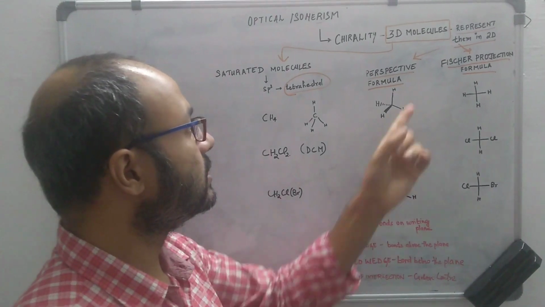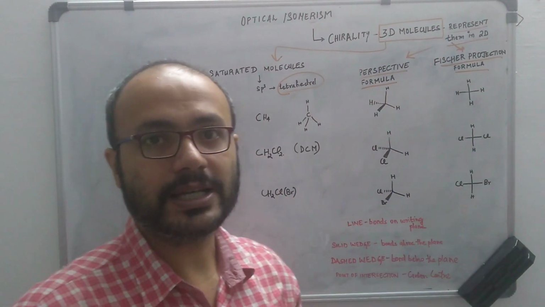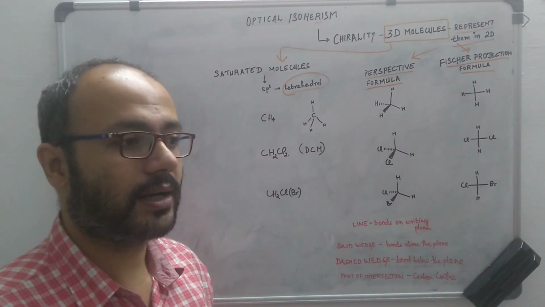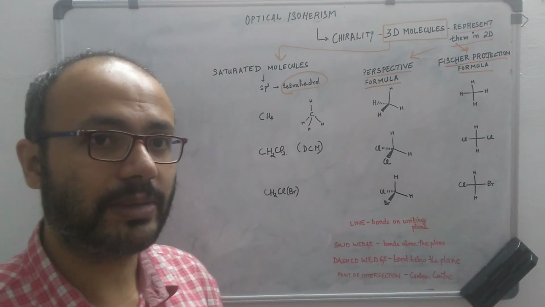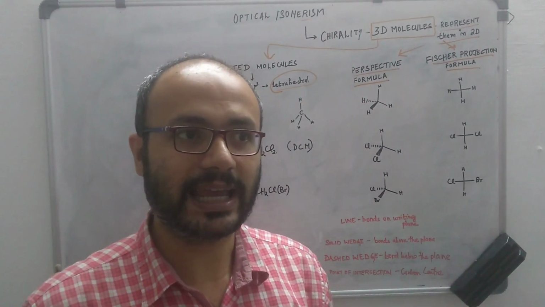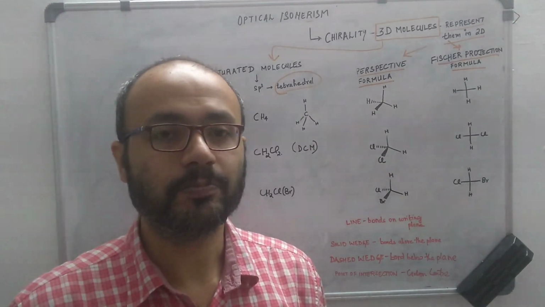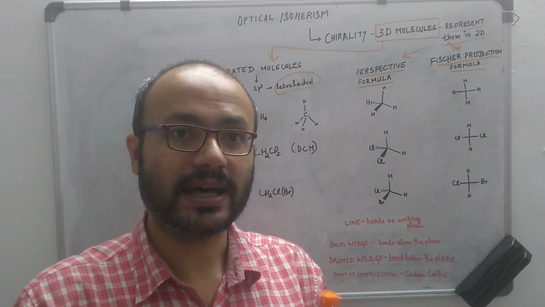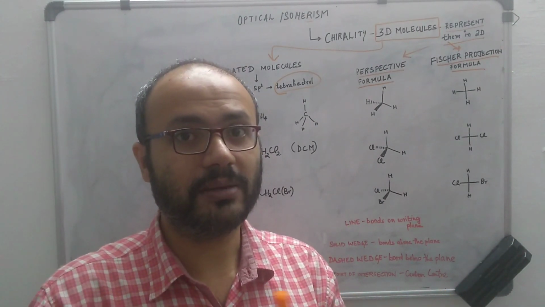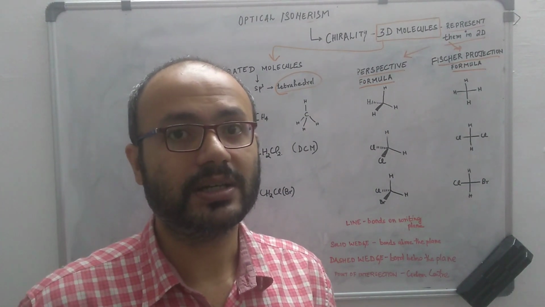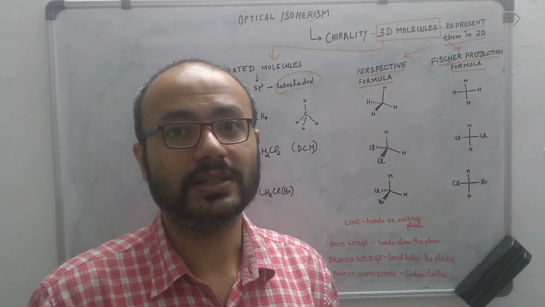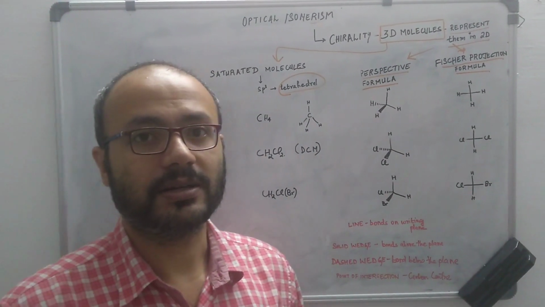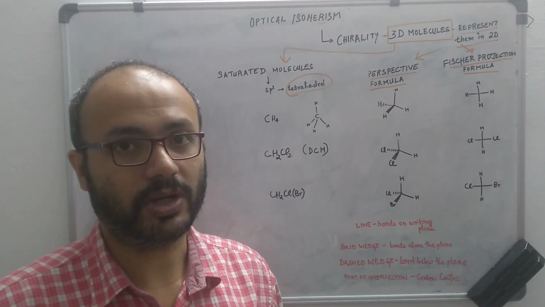Such a three-dimensional shape is possible only in case of saturated molecules, because when we started our discussion on the basics of organic chemistry, I talked about alkane, alkene and alkyne, where alkenes are a kind of two-dimensional structure and alkynes are a kind of linear structure. So they both do not have a three-dimensional spread over the space. So the only left type of molecule is the saturated molecules.